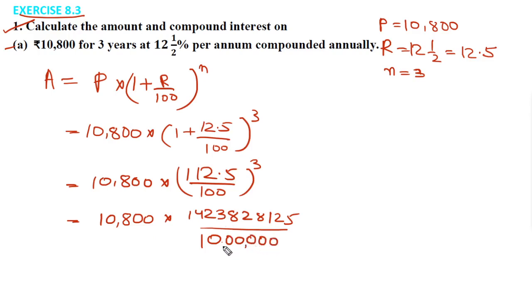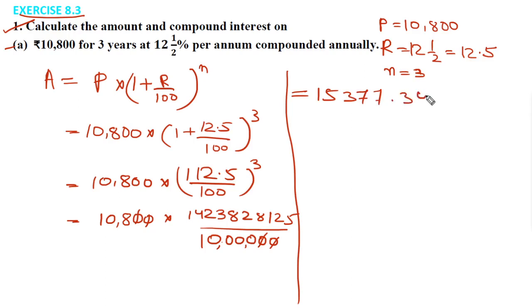Okay, now I have to cancel 2 zeros here, then it will be equal to, I will write it here, 15,377.34. Okay, so this will be your amount.